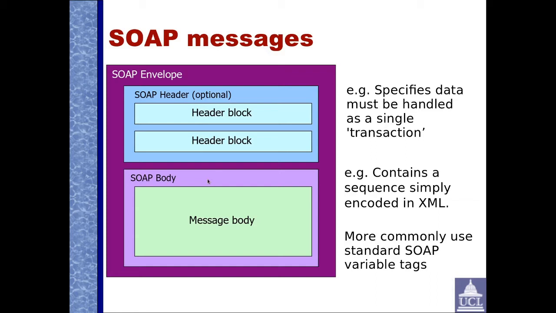So the structure is very, very similar. So the header can do various different things. It can be used, for example, for specifying that the data and what's returned must be handled as a single transaction. And the body can just contain simple data like a sequence encoded in XML, but more commonly we use these special SOAP variable tags that allow us to define the type of data that's being sent.